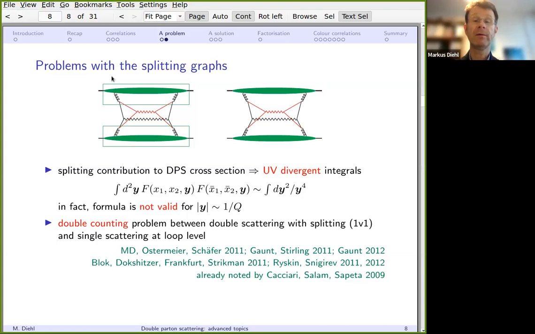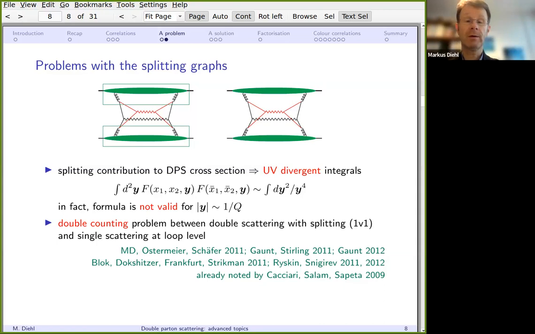Now, if I take away these boxes, I get this graph. You show this graph to anyone you meet on the street, and they will tell you, yeah, of course, that's a double box graph for single parton scattering, gluon fusion into 2 bosons. And the well-informed people will tell you, oh, by the way, that's been computed a long time ago. So what looks like double parton scattering here is actually single parton scattering.